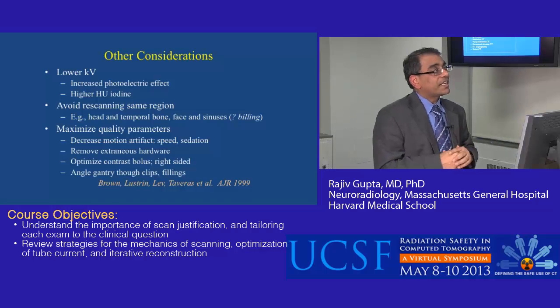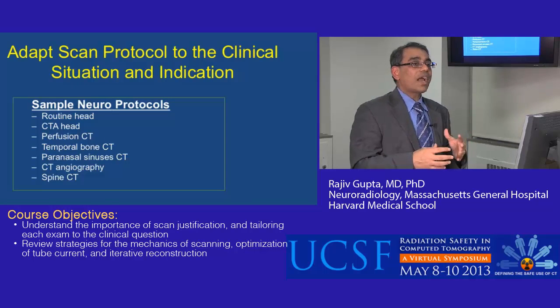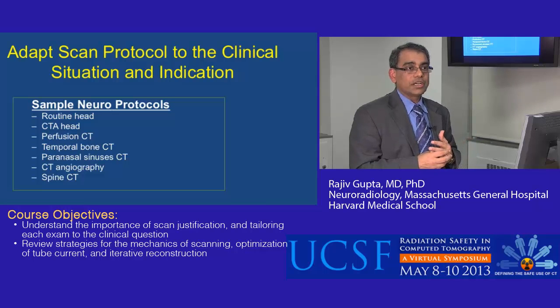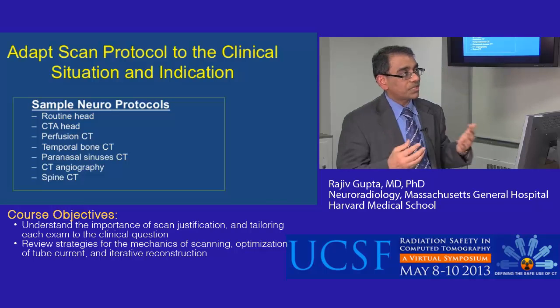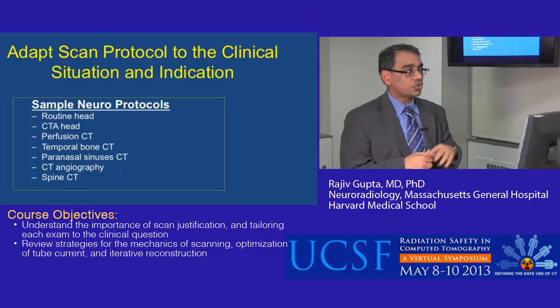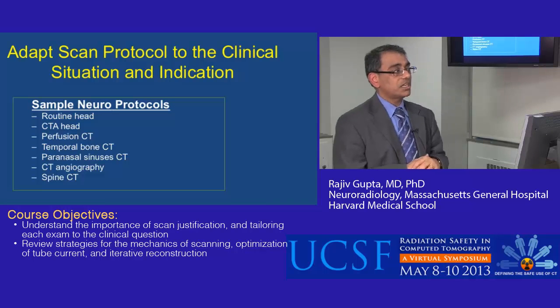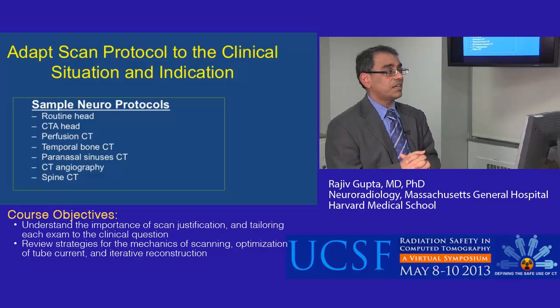Another thing that cannot be overemphasized is the fact that one has to have a whole suite of neuro protocols which are then tailored for the clinical question. So, when nothing is known about the patient, you can do a routine head CT, but if it's a case of stroke, there should be a perfusion CT protocol that should use the lowest current possible and should use 80 kVp rather than the routine 120 kVp.